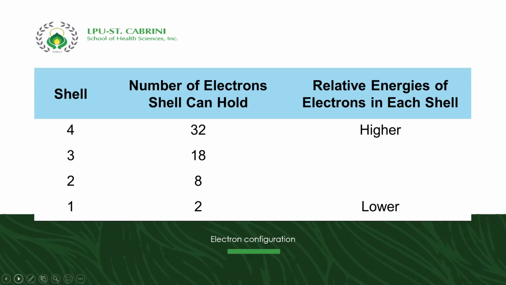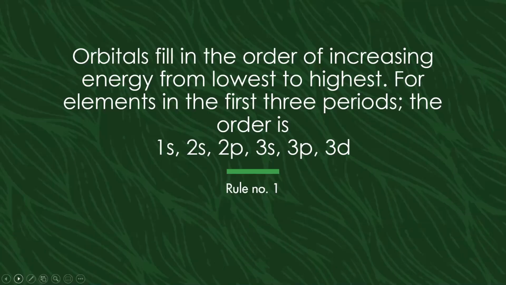So, what are the three rules in electron configuration? Rule number 1: Orbitals fill in the order of increasing energy, from lowest to highest, for elements in the first 3 periods. The order is 1s, 2s, 2p, 3s, 3p, and 3d.